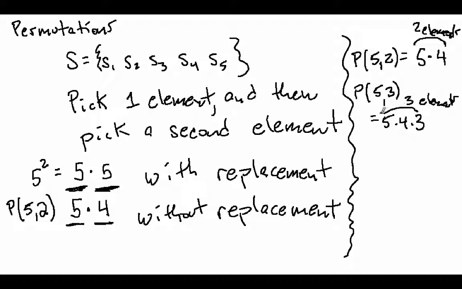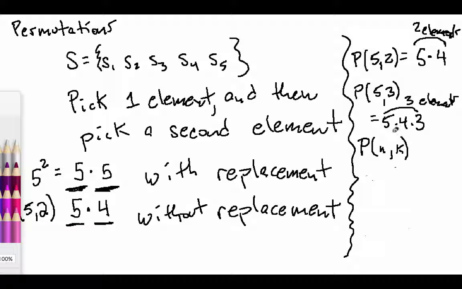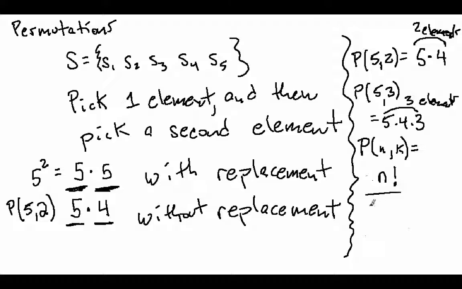One of the things your book points out is that P(n, k) is equal to n factorial over (n minus k) factorial. Watch what happens in the case of P(5, 3).